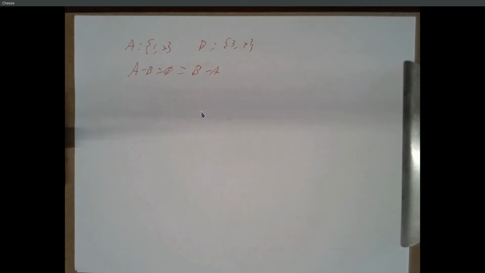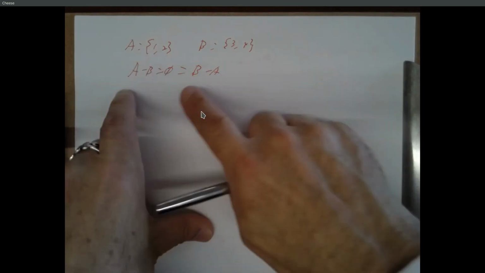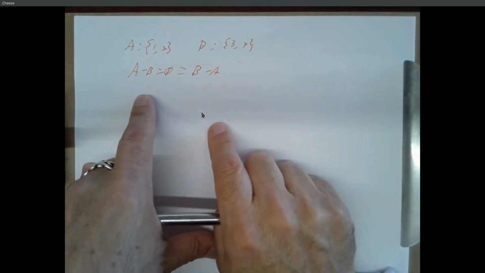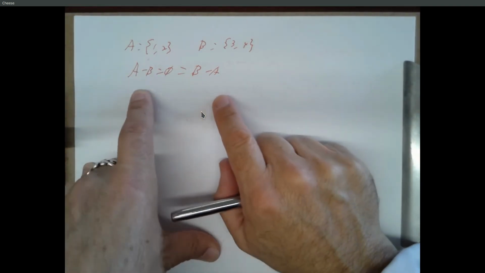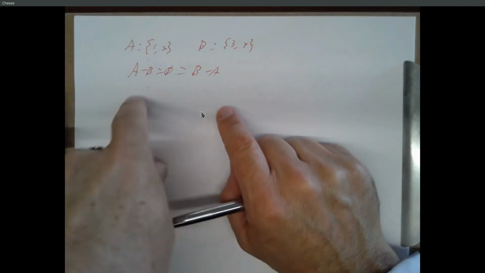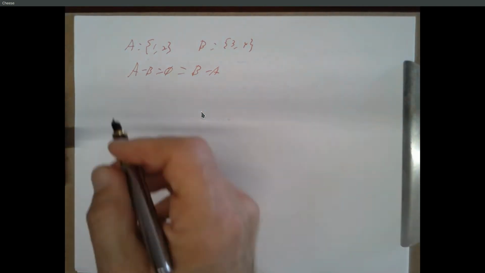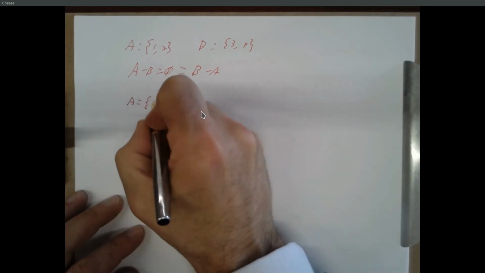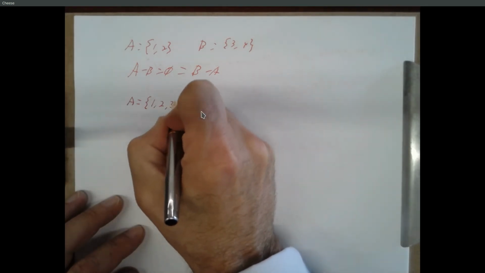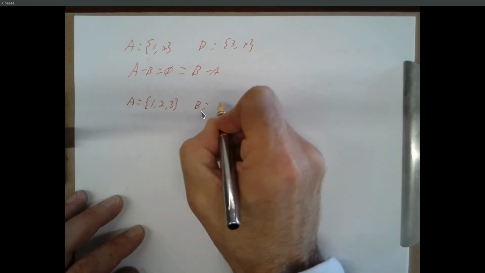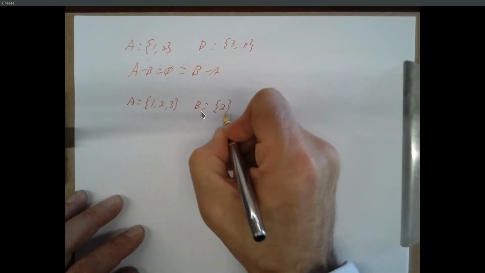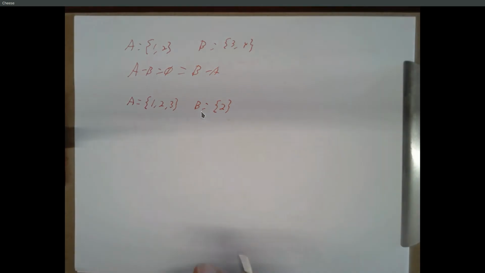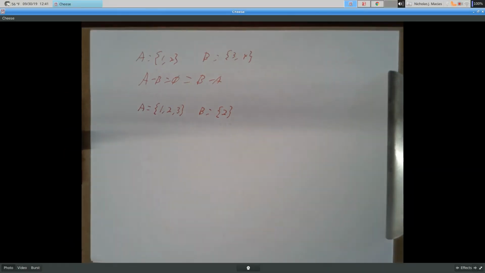To prove that they're the same, we have to show that for any A and B that we pick, this is always true. To prove that this is not an identity, all we've got to do is find one example where this fails to hold. So there's a variety of possibilities. Almost any sets you come up with, this is going to fall apart.